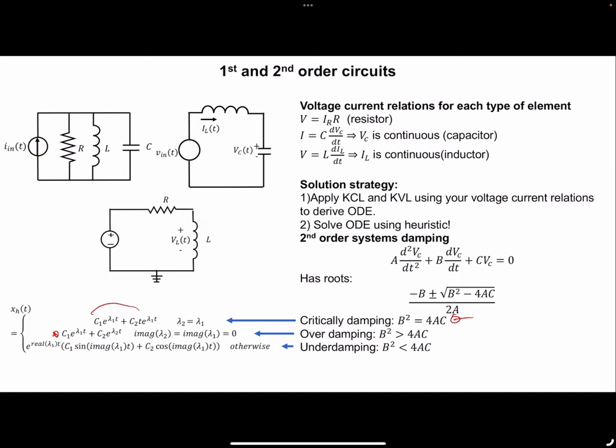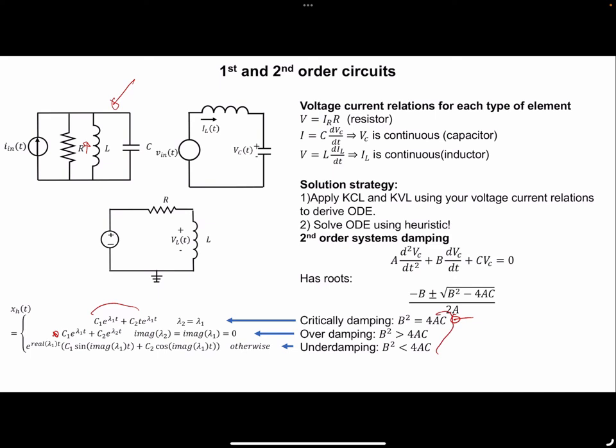So you should definitely know all this. I might ask you, like, this circuit here is currently underdamped. What do I have to do to R to make it critically damped? And so you should know I need to increase R in order to make this critically damped. So you should know these classifications.